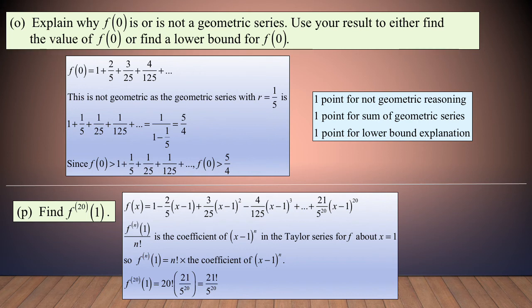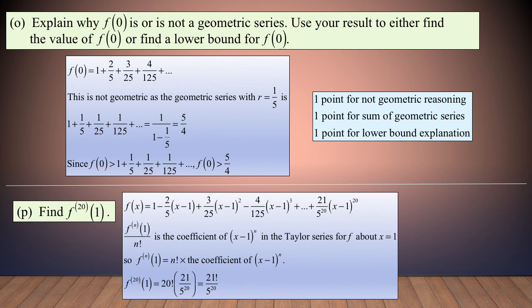The x minus 1 to the 20th term will have a coefficient of 21. And also the denominator will be 5 to the 20th power. And it will be positive because the odd terms are positive, and the odd terms have even powers of x minus 1.